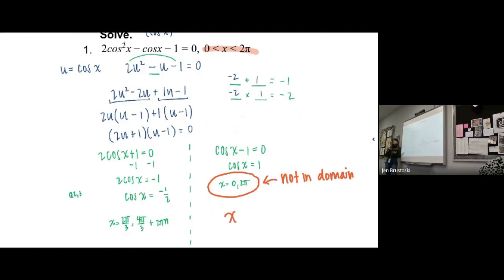So x is equal to 2 pi over 3 and 4 pi over 3, and that's it. If I add the 2 pi n to either of those values, I am outside of 2 pi. So those are our only two solutions given the domain restriction.